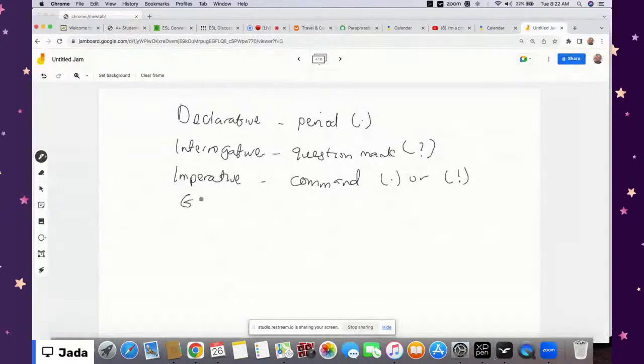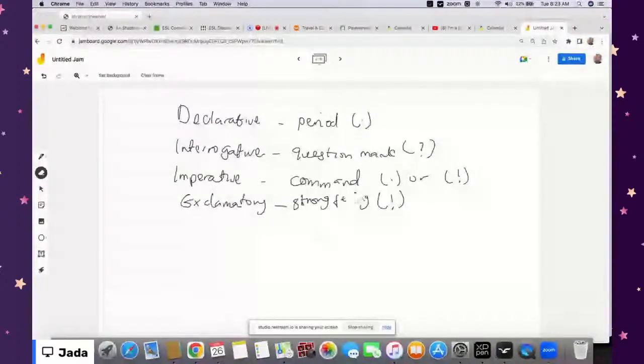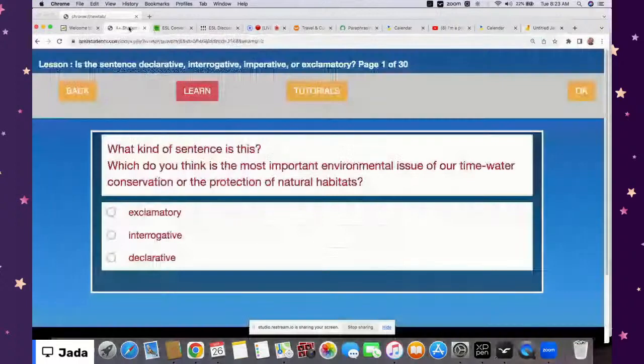And then the exclamatory, it's what? This one. Strong feeling. So the exclamatory shows strong feeling. So yeah. Okay. Now we're gonna go check the next one.